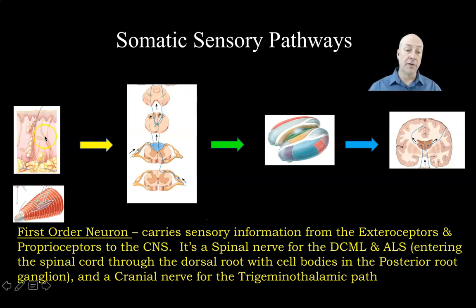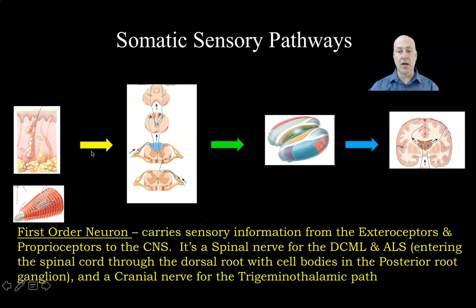You start off with your exteroceptors. So either your Merkel's discs, Pacinian corpuscles, Meissner's corpuscles, peritrichial hair receptors, Ruffini corpuscles, free nerve endings. We've seen that all in the last video. If any of that is confusing you, go back and watch the previous video on somatic sensation. Or your proprioceptors, your muscle spindles, your tendon organs, or your joint kinesthetic receptors.